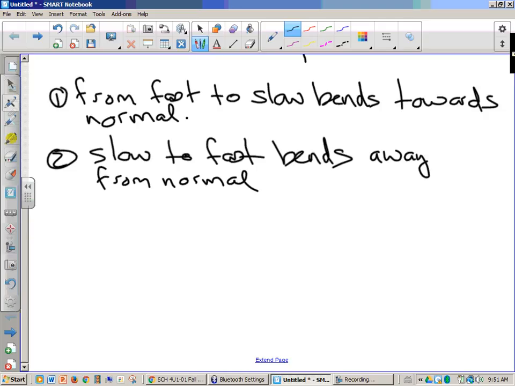Going to extend the page a little bit. I just want to make reference a little bit to our experiment that we did. It allowed us to see both of these examples. So we took a rectangular prism and we fired a ray in. That's my normal. Again, it's just a sketch.